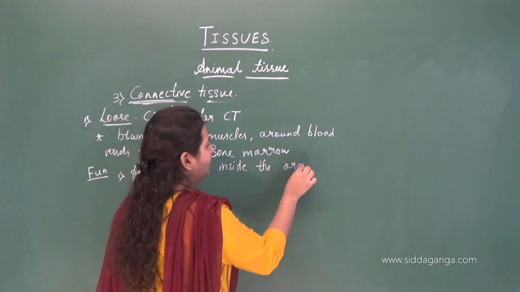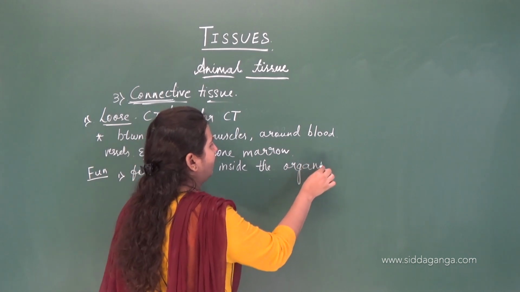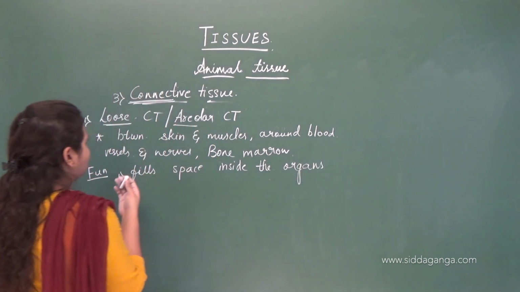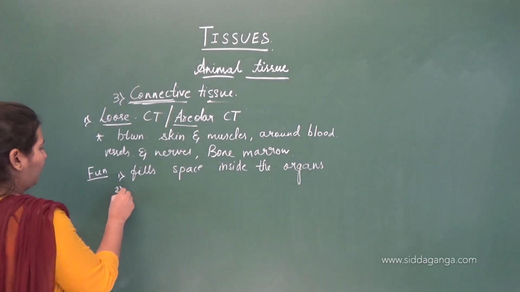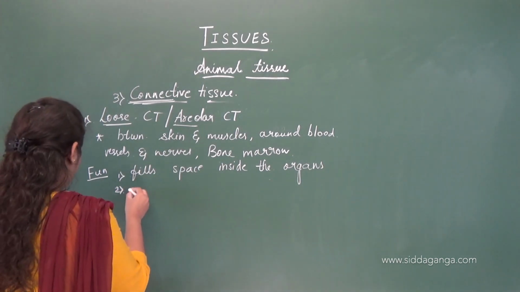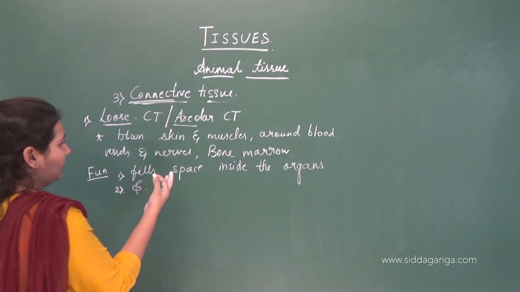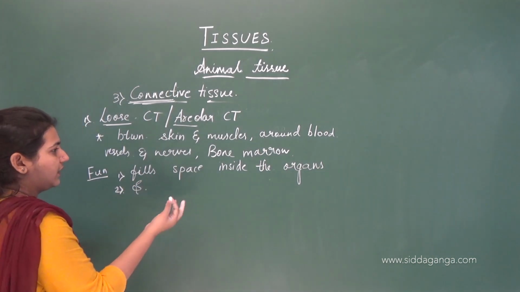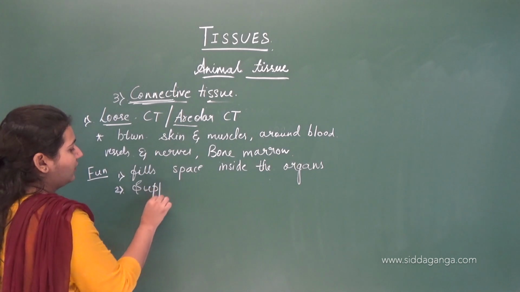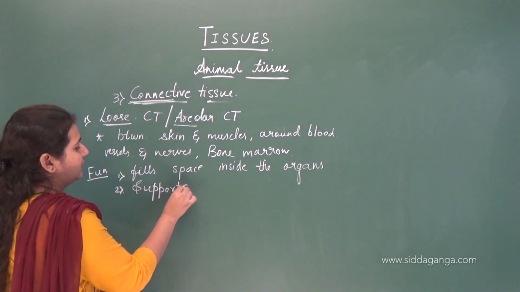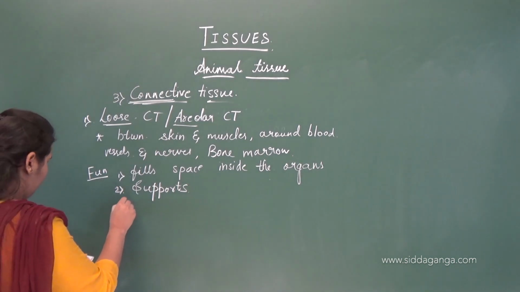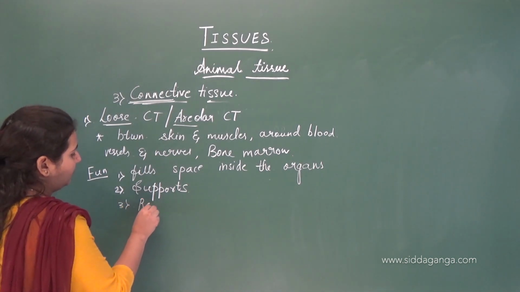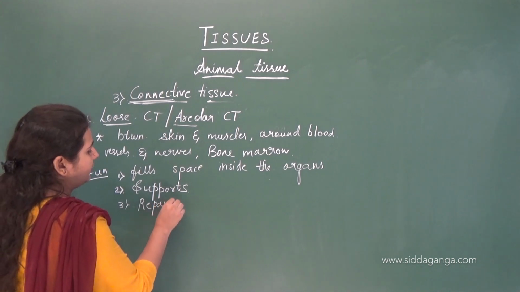Even in the organ, the medium or the matrix is nothing but this loose connective tissue, which helps in its function. As it fills the space inside the organ, it supports the organs in which this tissue is present. And this also helps in the repair of tissues.